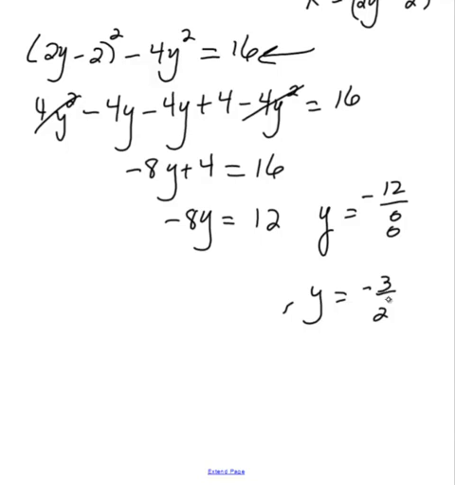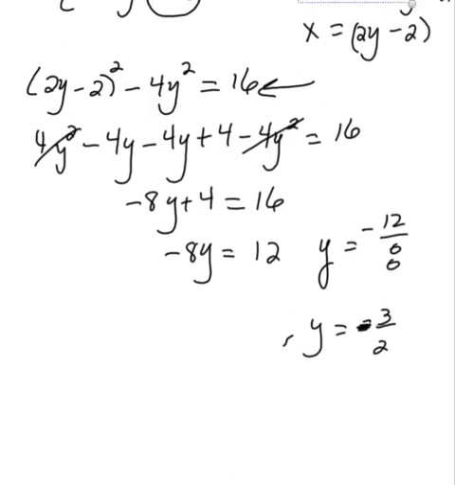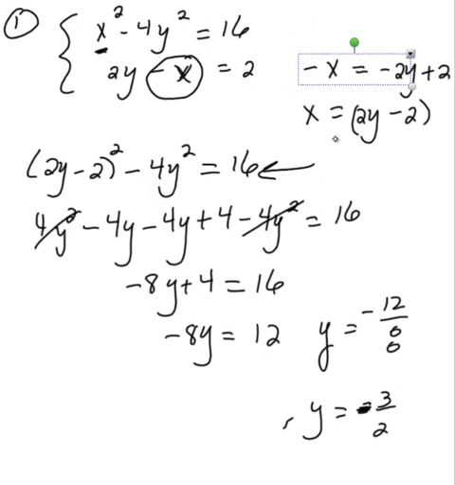Now to find the x that goes with that particular y, because remember I'm looking for ordered pairs in the end, I go back up to where I have solved for x, and we'll circle it right here in red or purple. I will put my y value of negative 3/2 into that y to find the x that goes with it.